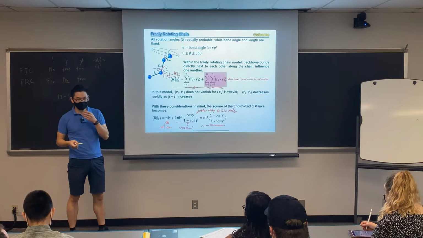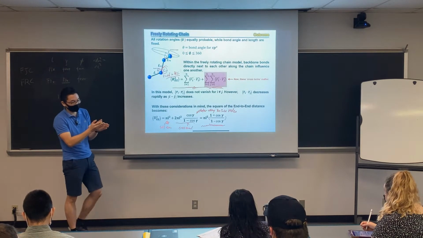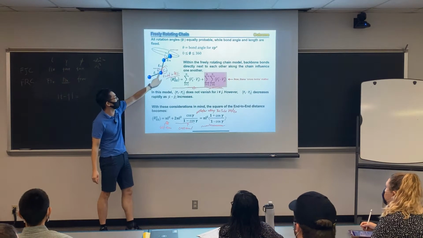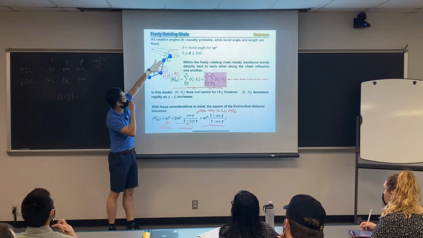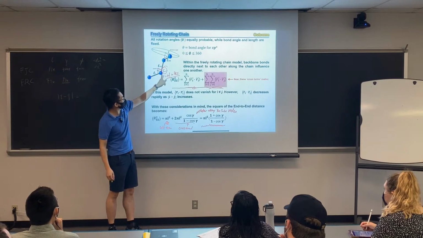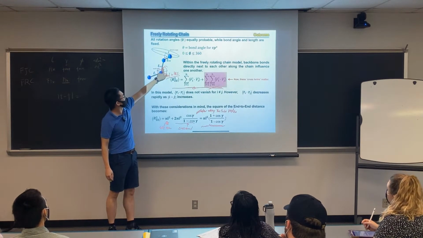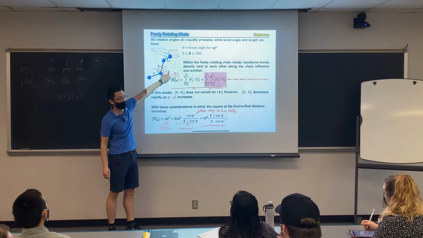Your chain has a certain memory, since the next bond has some memory of the previous one. It can rotate around, but the dot product says how much this bond has projection along this line. So the dot product for i plus 1 corresponds to cosine beta.